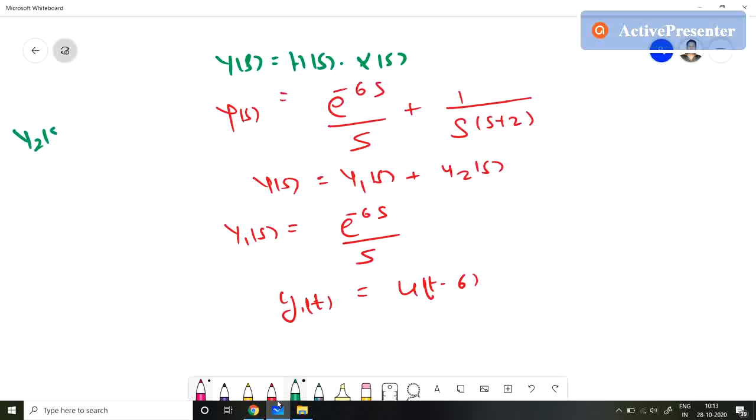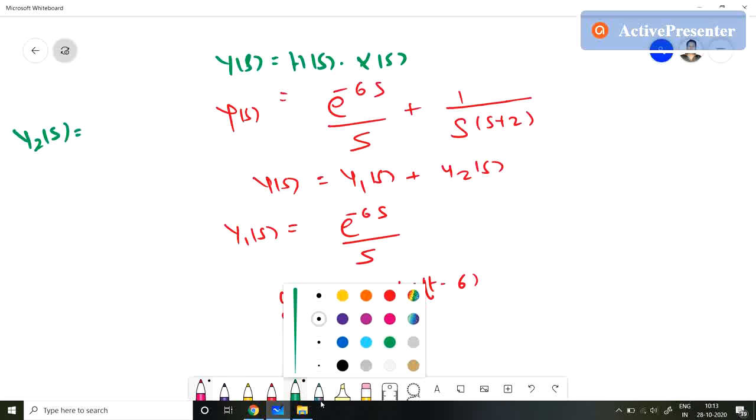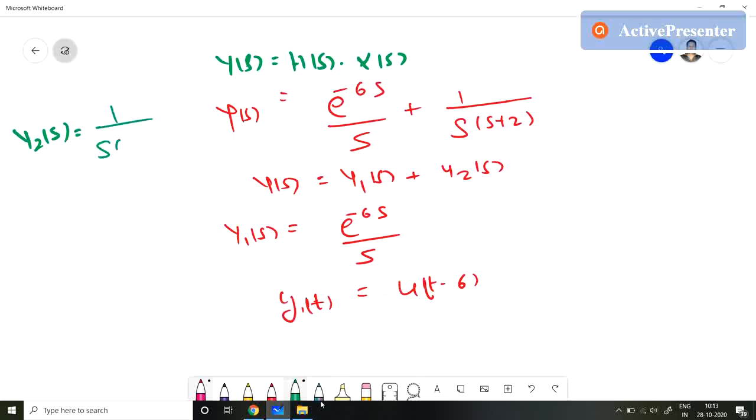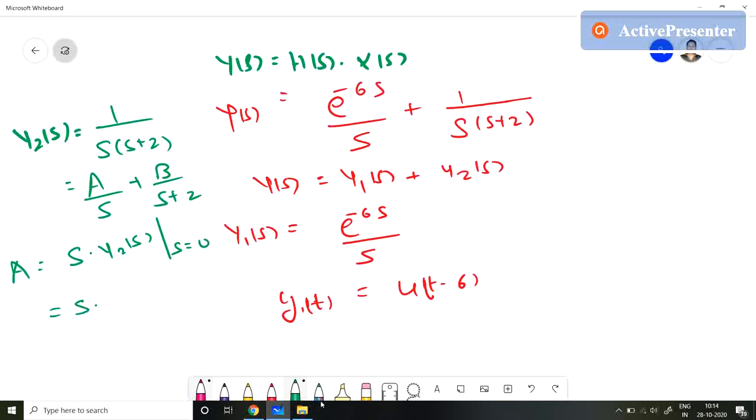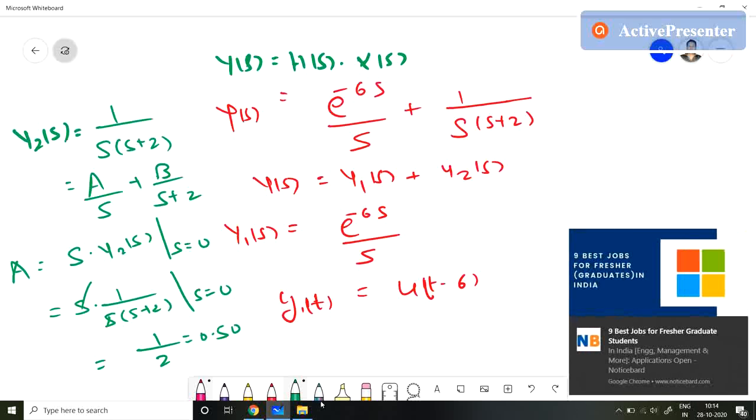So Y2(s) is equal to 1 divided by s plus 2, and we can write it as A divided by s plus B divided by s plus 2. So what is A? A is s into Y2(s) at s equals 0, and it is equal to s multiplied by 1 divided by s plus 2 at s equals 0, which is 1 divided by 2, that is 0.5. And what is B?